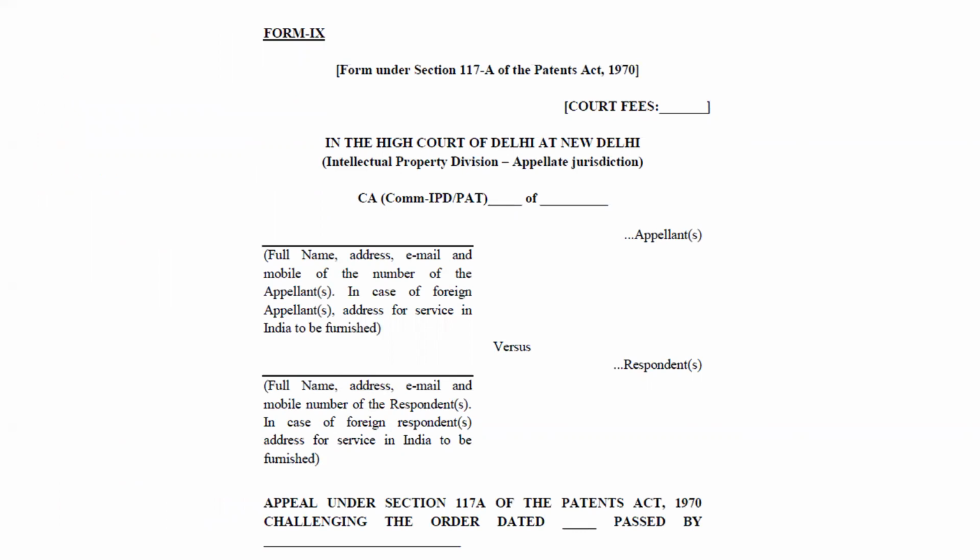And then there's Form 9, which is for Section 117A. 117A is appeals to the High Court now. So for 117A, the form that is important is Form 9.